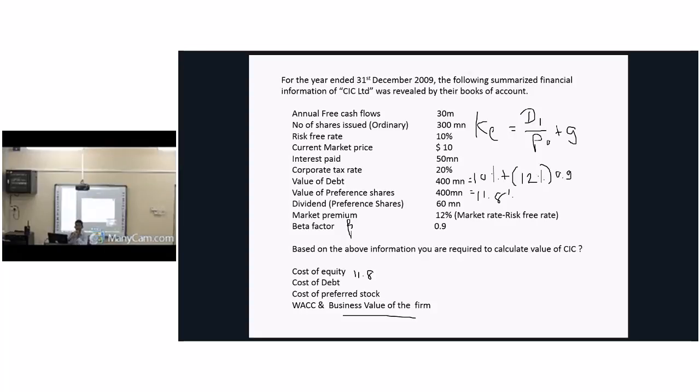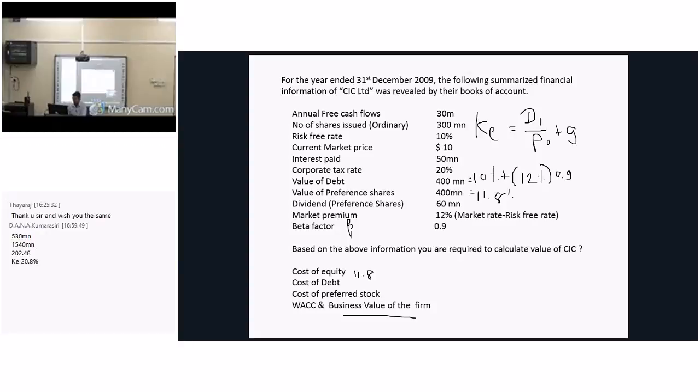So the interest is 50 million, and we have a tax of 20%, right?